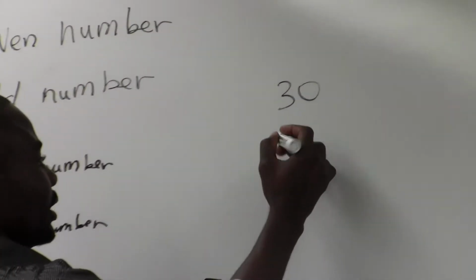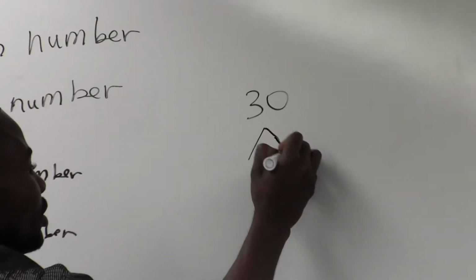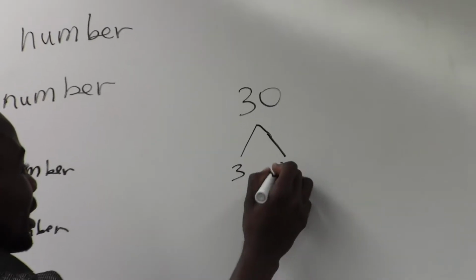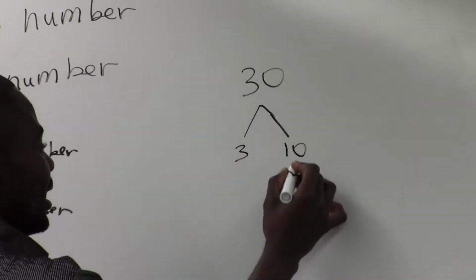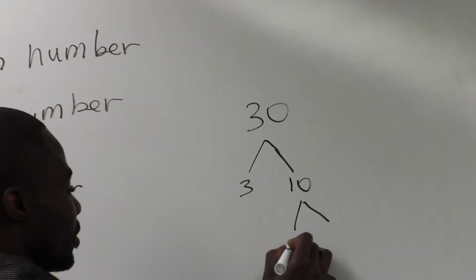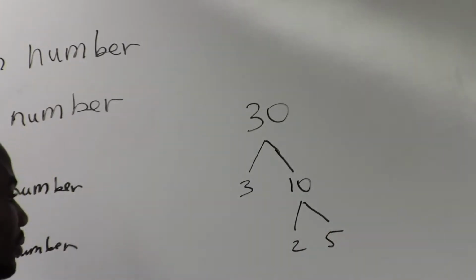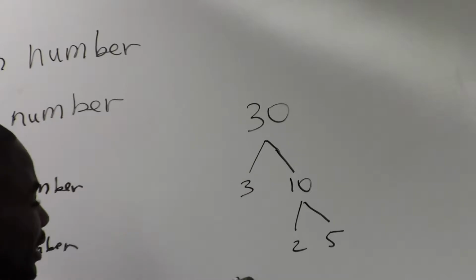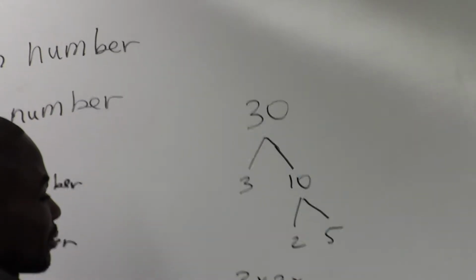So 30 can be broken as 3 times 10, and 10 you can break as 2 times 5. So it's the same thing as 3 times 2 times 5.